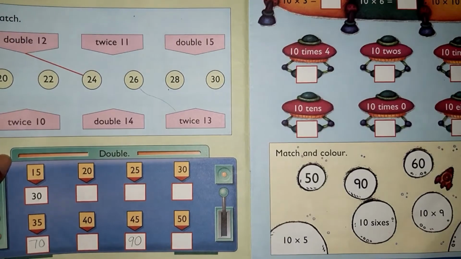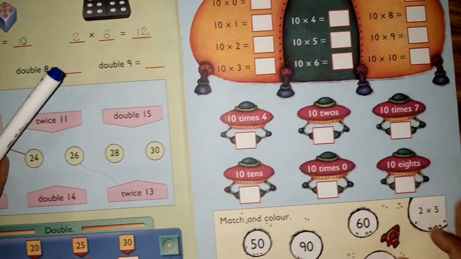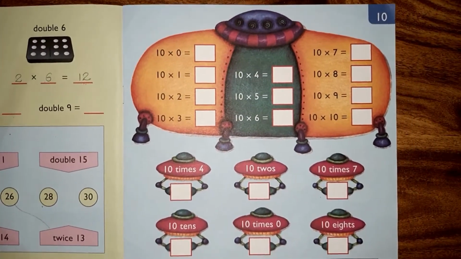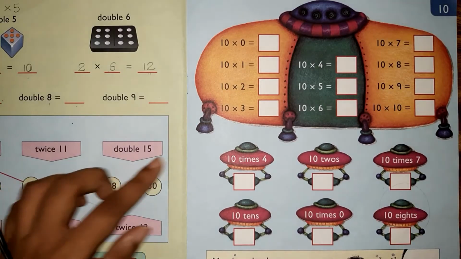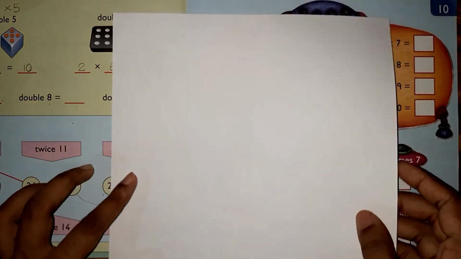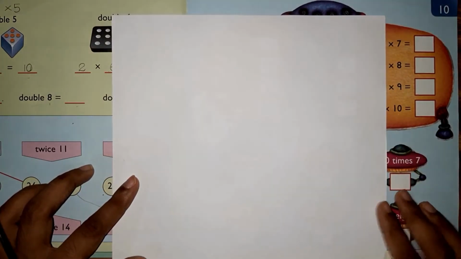Okay, now let's move to our new lesson. Today we are starting the 10 times table. Before starting that one, we are going to write the tens table here together.